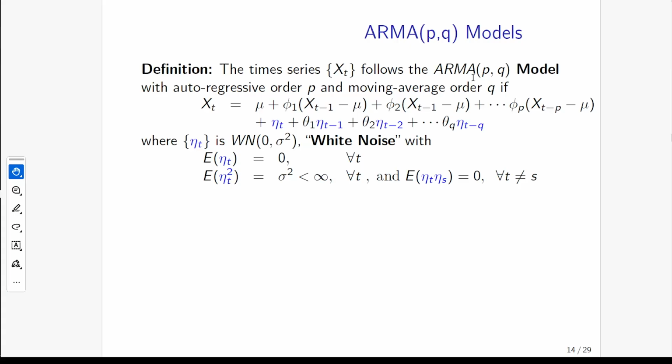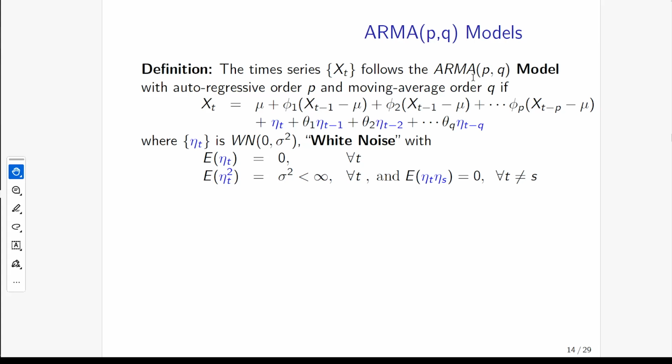We can think of our time series xt being a sum of autoregressive terms on the top row, and then the second row corresponds to moving average terms of the white noise.